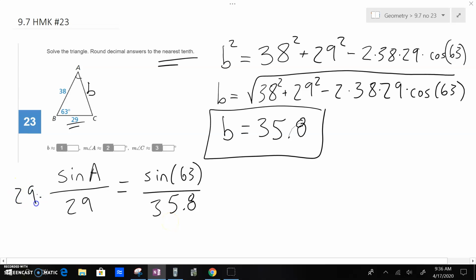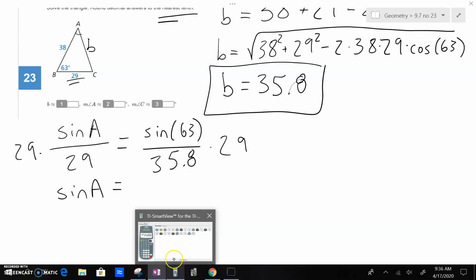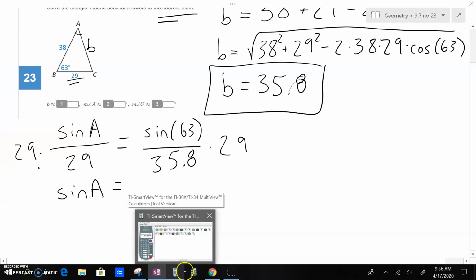I'm going to multiply both sides by 29, which is just solving using law of sines. And that's going to give me sine A equals, and I need to use my calculator to get this. So sine of 63 times 29, and then I'm going to divide by that 35.8.